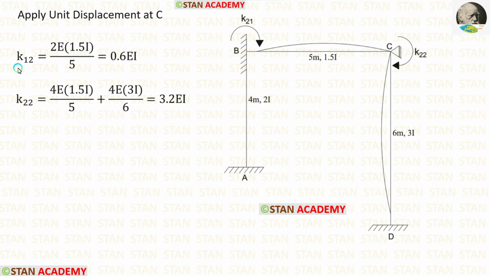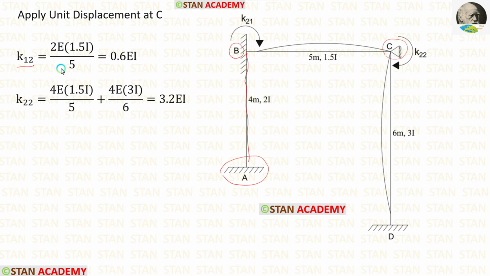Now let us find K12. For that, from the point B, we have to look at the other ends, but no need to look at the end A, because for BA there is no curve. Let us look at the other end C. At the point C, there is a hinged support.